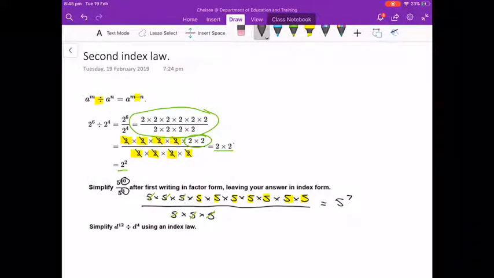Let's look at the next question. D to the power of 12 divided by D to the power of 4.